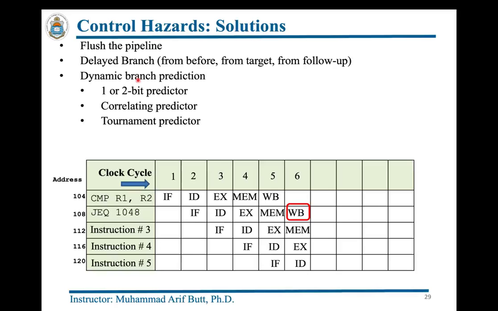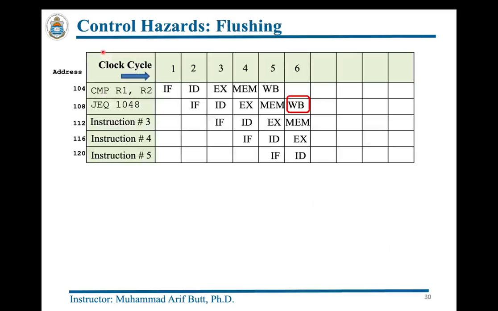To make you understand, let me give you a bit of idea about flushing of the pipeline. Okay, so let's suppose that this is a situation. The compare instruction has been completed because this is clock cycle 6. The jump instruction is writing the program counter at clock cycle 6, contents of the program counter to 1048, let's suppose.